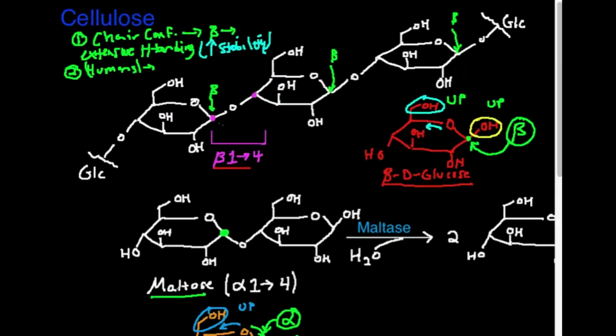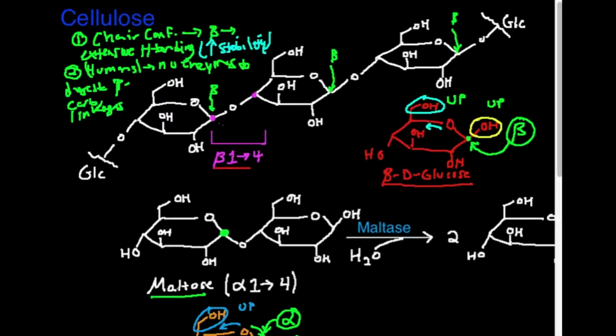In humans, there are no enzymes in general to digest, or we could say break, beta carbohydrate linkages. So what does that mean? Well, remember, whenever you eat something, it goes into the stomach, there's the acid there, and there's some enzymes like pepsin there. That's beside the point. Then those things pass into the small intestine, and that's where the main enzymatic degradation occurs.